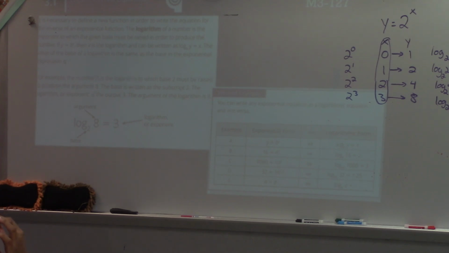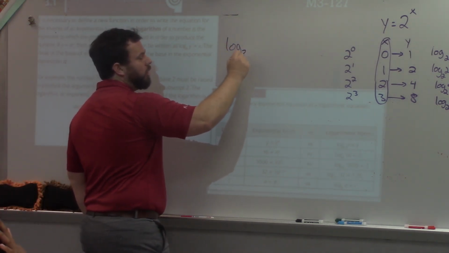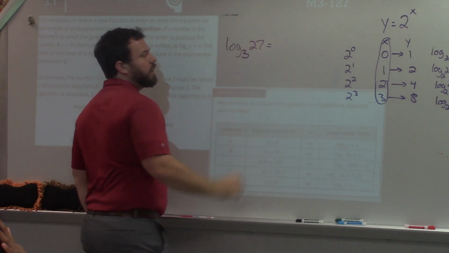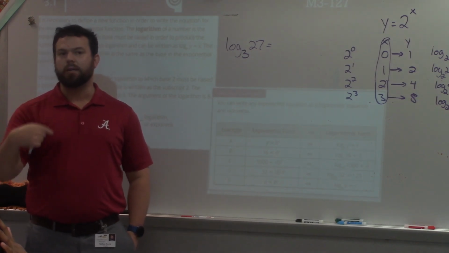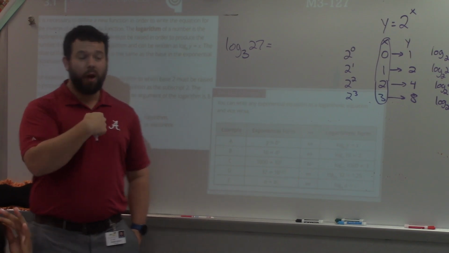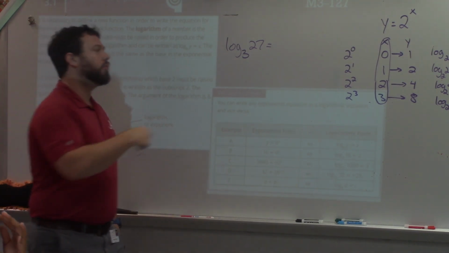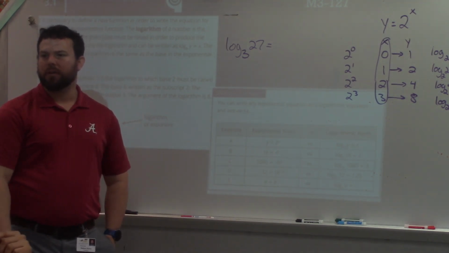That's it. So when I ask you, or ask somebody, log base 3 of 27, I'm trying to find a what again? Starts with an E. An exponent. I want to know what exponent goes on 3 to give me 27.